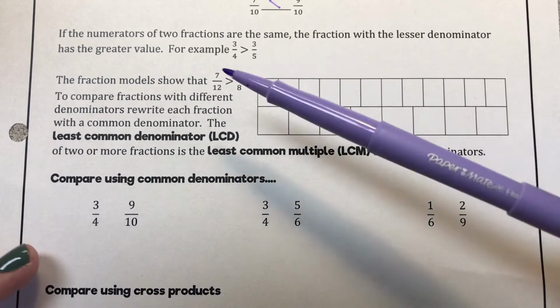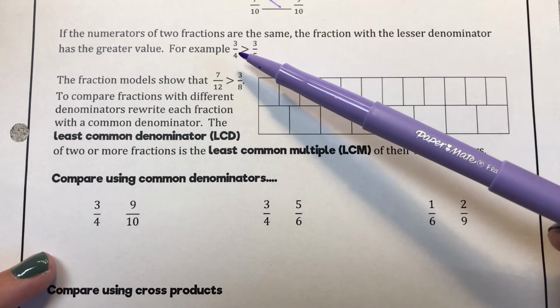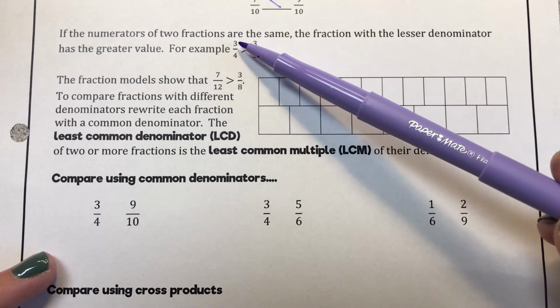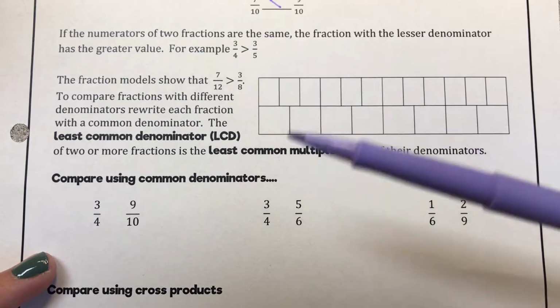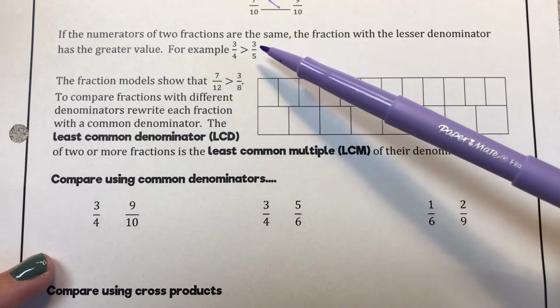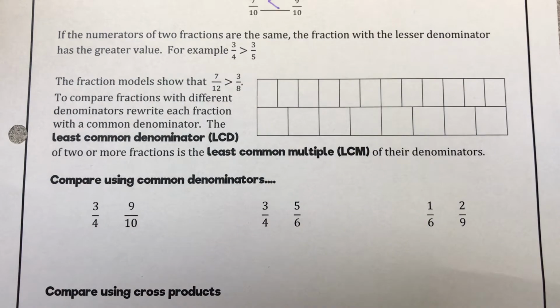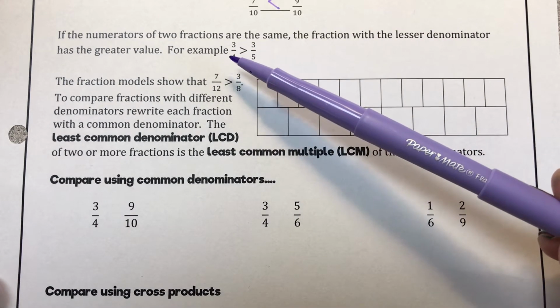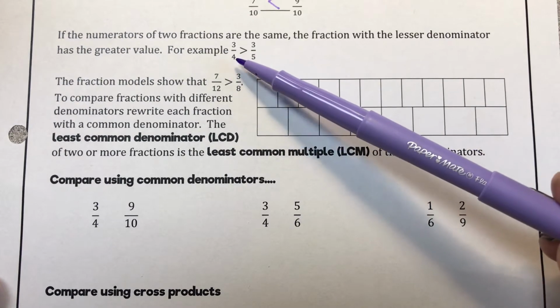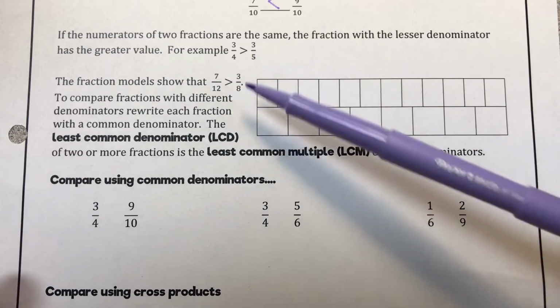So think of it like this. If you have a pizza and it's split into 4 pieces and you get 3 of them, or someone else has the same size pizza split into 5 pieces and you get 3. You get 3 pieces both ways, but which one is more? 3/4 is more because it's the same amount of pizza split into 4 pieces instead of 5.